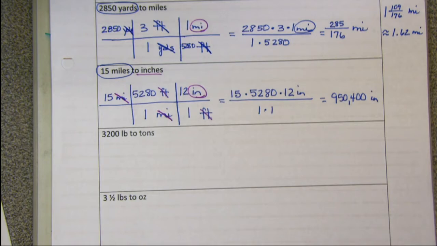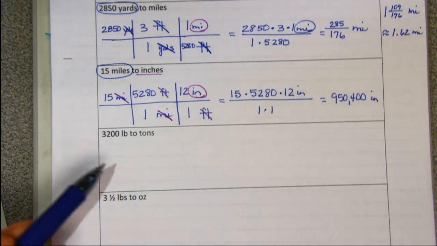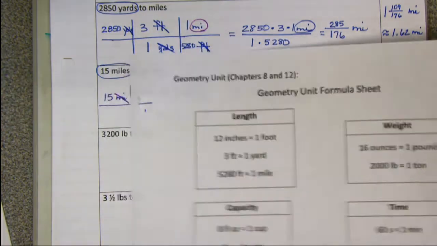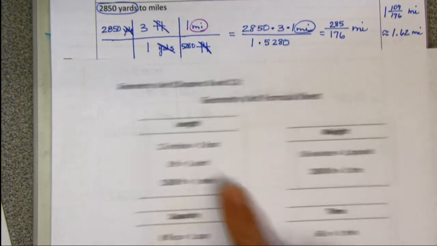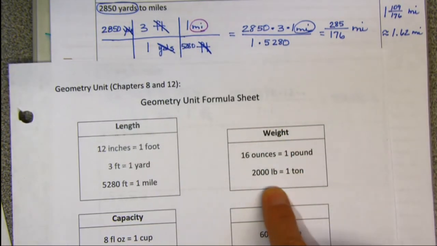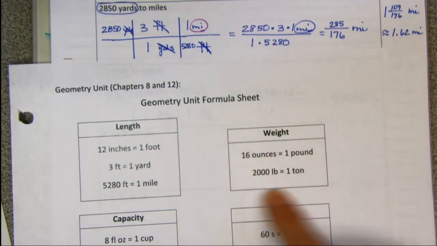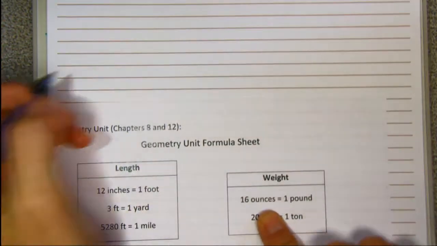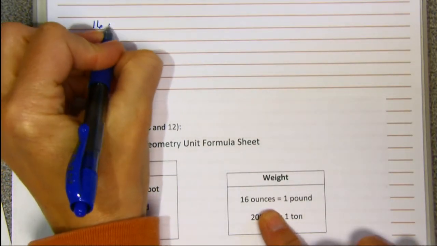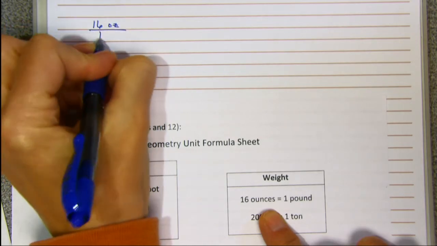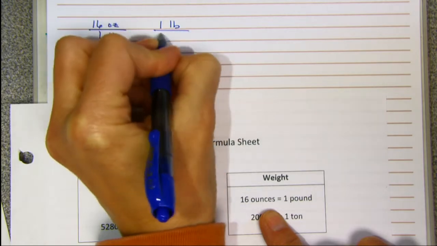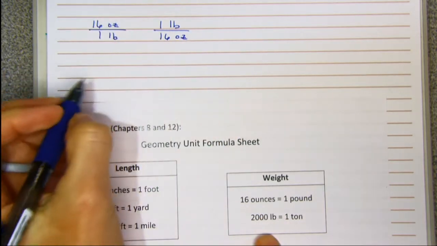Now we are going to look at some that deal with weight. These first 4 examples dealt with length. Now we're going to get into ones that deal with weight. So now these are my unit conversions. We're going to be using either 16 ounces over 1 pound, or we might use 1 pound over 16 ounces.